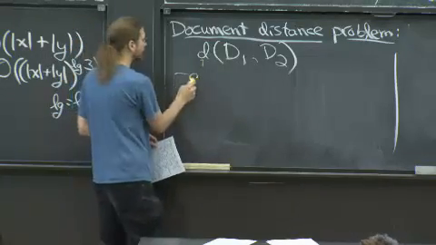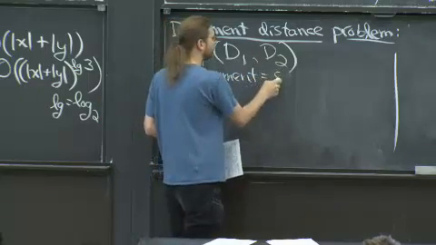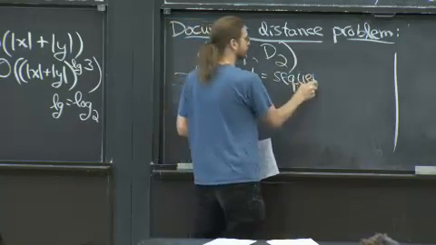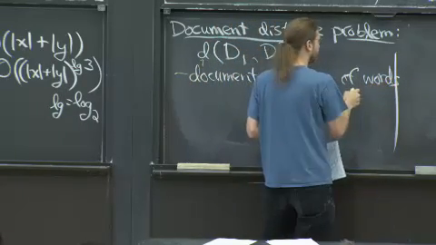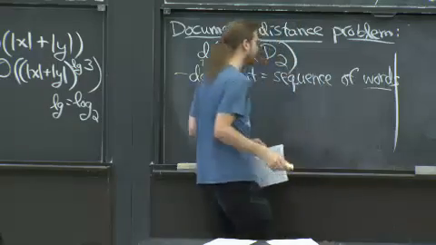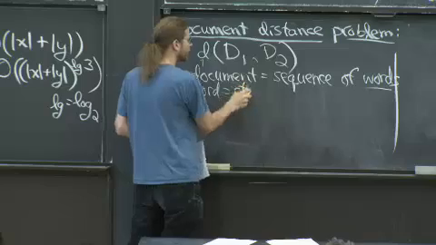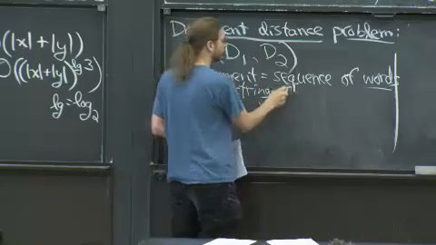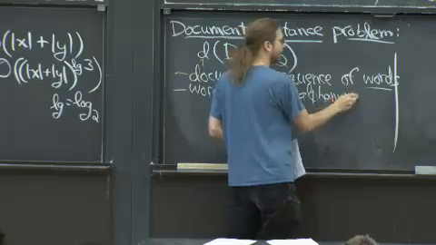All right, I'm going to think of a document as a sequence of words. Just to be a little more formal, what do I mean by a document? A word is just a string of alphanumeric characters, A through Z and 0 through 9.